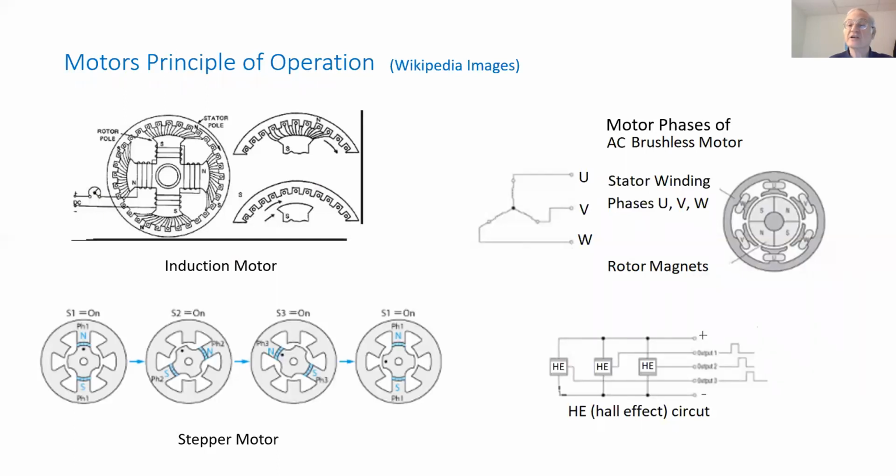Over here we see an example of a three-phase brushless motor. We see that we have magnets on a rotor, and on the armature we have coils, and the coils are driven in three phases such that they are simultaneously all together applying a torque, making it highly efficient.